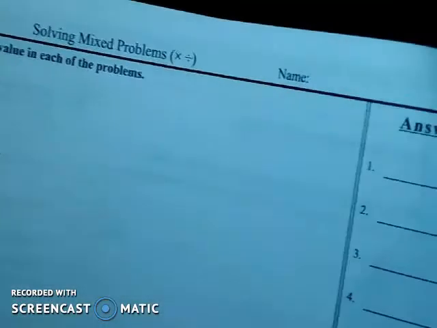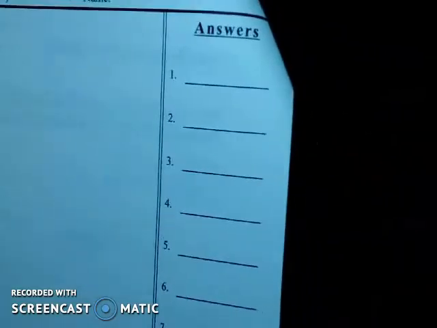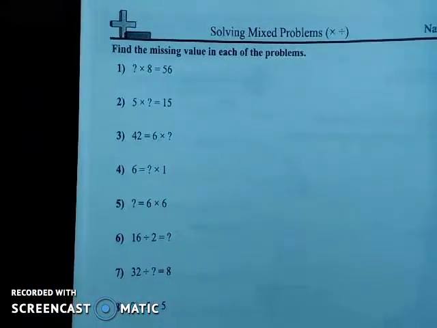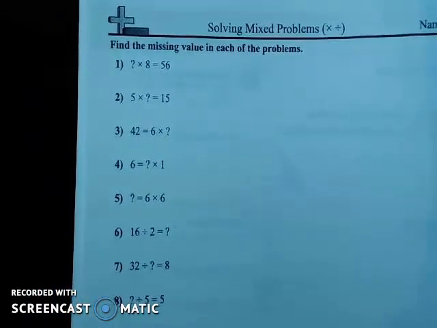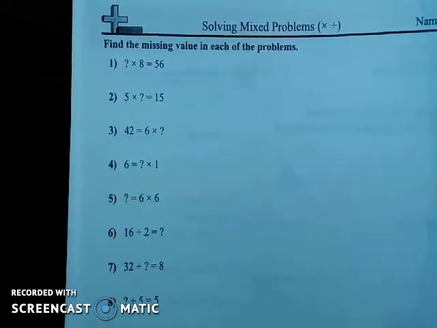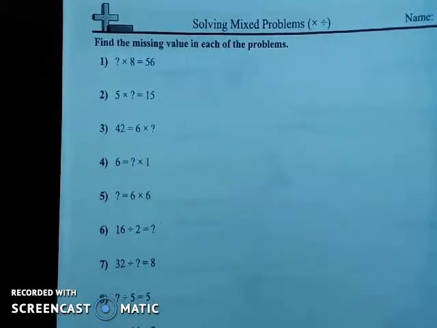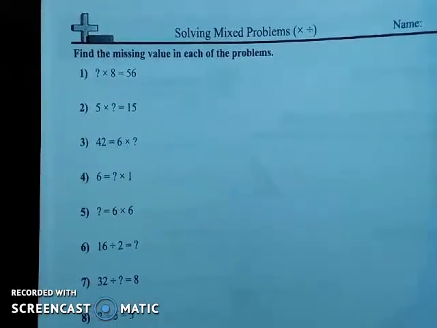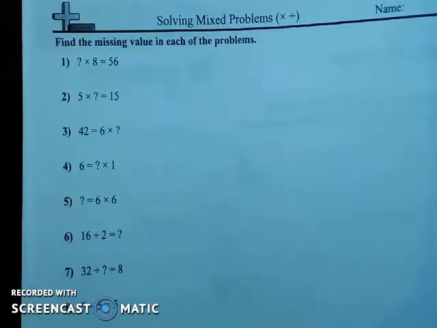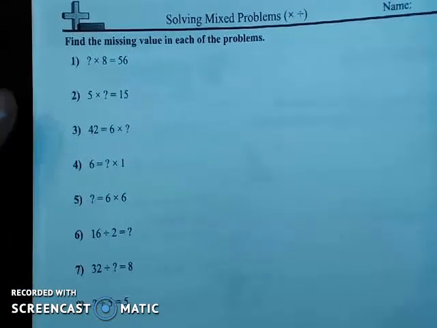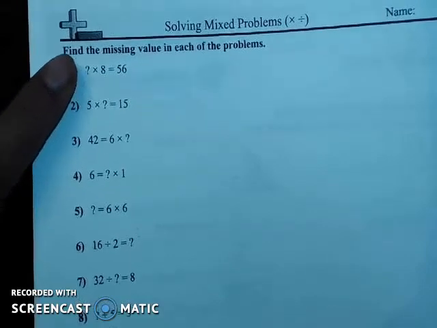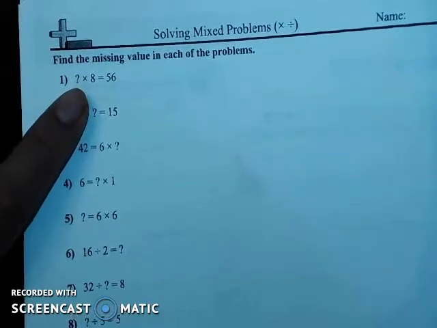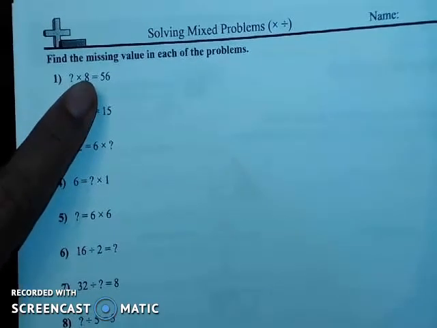We did this lesson called Finding the Unknown. Do you remember that? Finding the unknown. Look at that. You have to find the missing value of each of the problems. So something times 8 equals 56. That question mark is the unknown. And if you know your multiplication facts, if you know your fact families, you would know that number 1 here, that question mark is 7, because 7 times 8 equals 56.